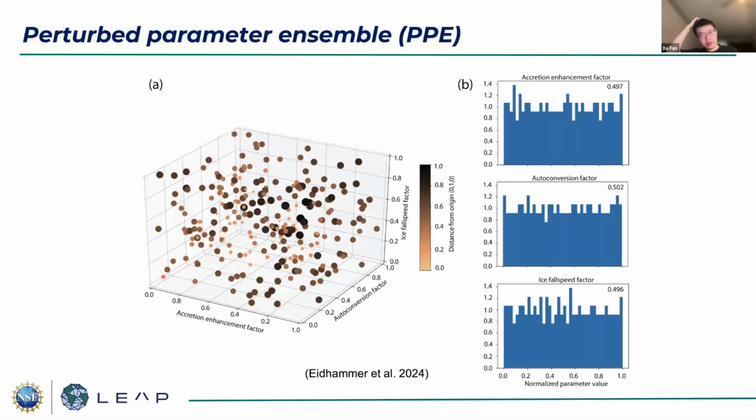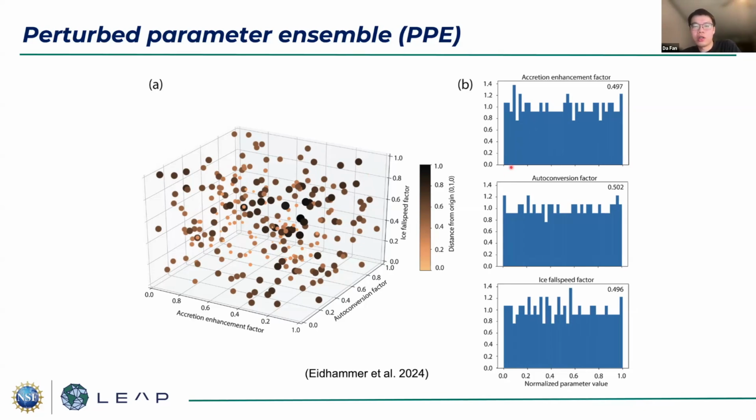So first, let me introduce the ensemble method we use, which is called perturbed parameter ensemble. In this approach, we specify a set of physical parameters, and the range of each parameter is divided into multiple bins, and we sample the parameter values from each bin to generate a distinct parameter set.